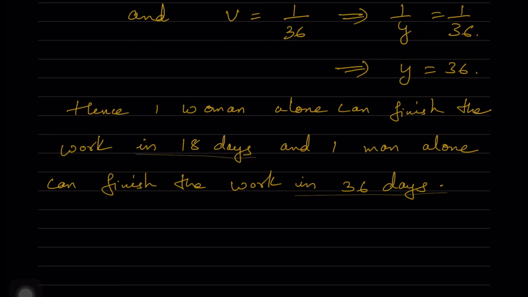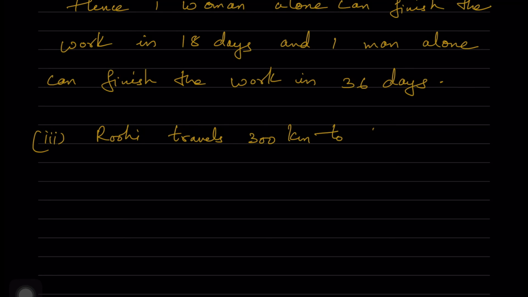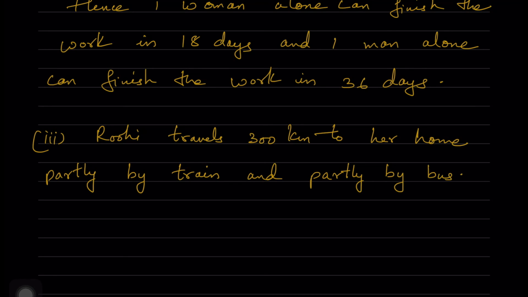Okay, going into the second question, third bit. Ruhi travels 300 kilometers to home partly by train and partly by bus. She takes 4 hours if she travels 60 kilometers by train and the remaining by bus.